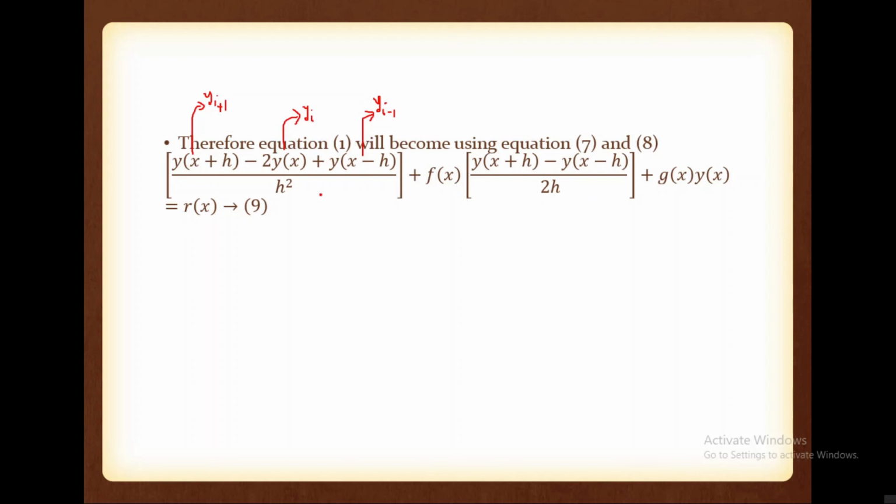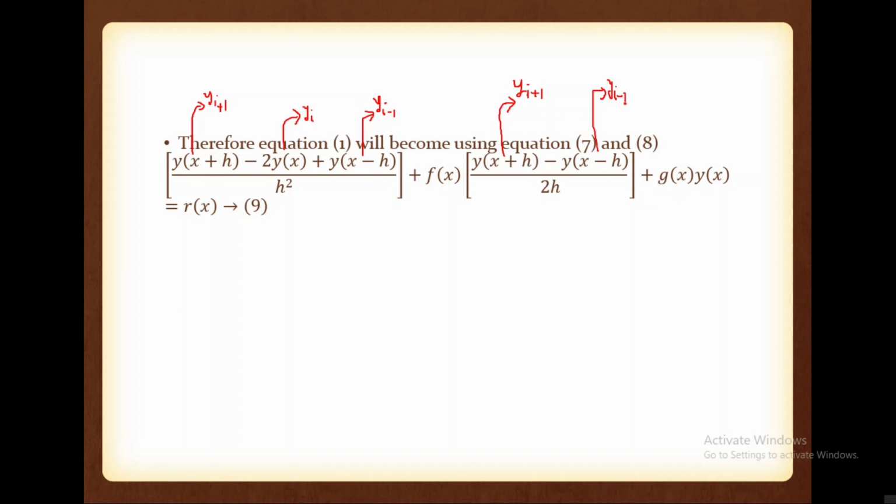Directly you can replace d square y by dx square by using yi plus 1 minus 2yi plus yi minus 1 divided by h square. Is it okay? So here please note y of x plus h is nothing but yi plus 1. Similarly y of x minus h is yi minus 1.